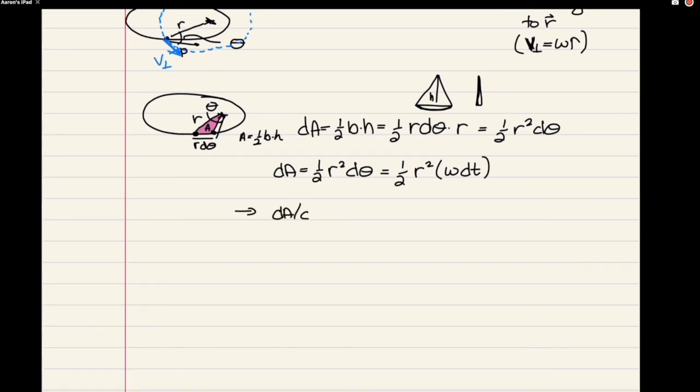So I can write that the area that's swept out in a given amount of time is 1/2 r squared omega. Kepler's second law claimed equal areas in equal times. Kepler claimed that this derivative is a constant. Though it's clear that r is changing, and omega is changing because it's not moving in a perfect circle in this case. It might speed up when it gets closer to the star.